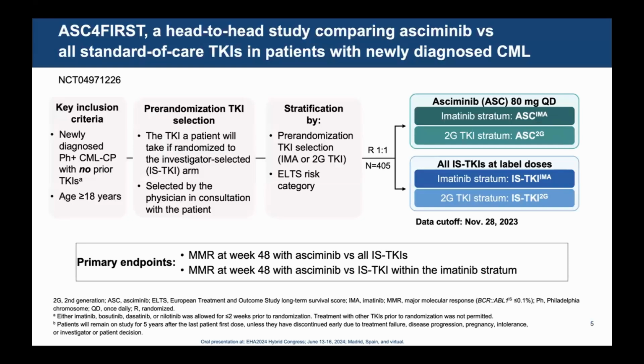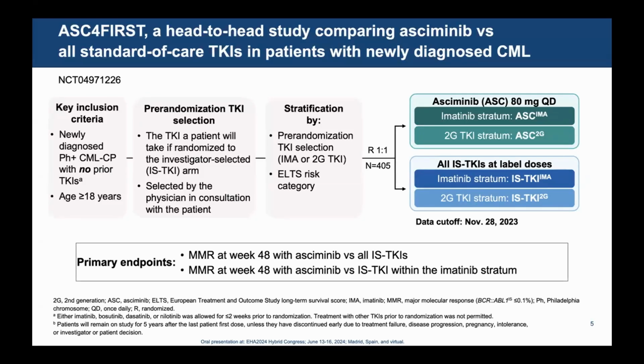First, ASC4FIRST. The study is the registration trial for Asciminib in first line. Asciminib was used with 80 milligrams per day. There was a stratification according to the doctors' and patients' choice of what would have been the standard of care in this specific patient. And this was selected as the comparator arm in a one-to-one randomization.